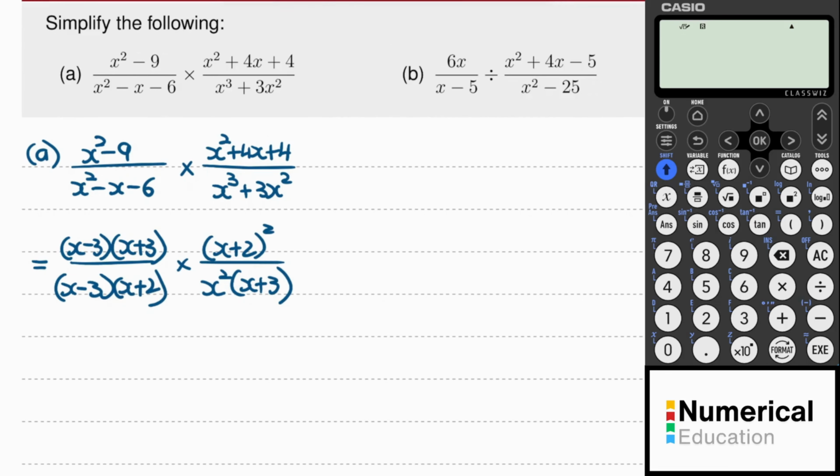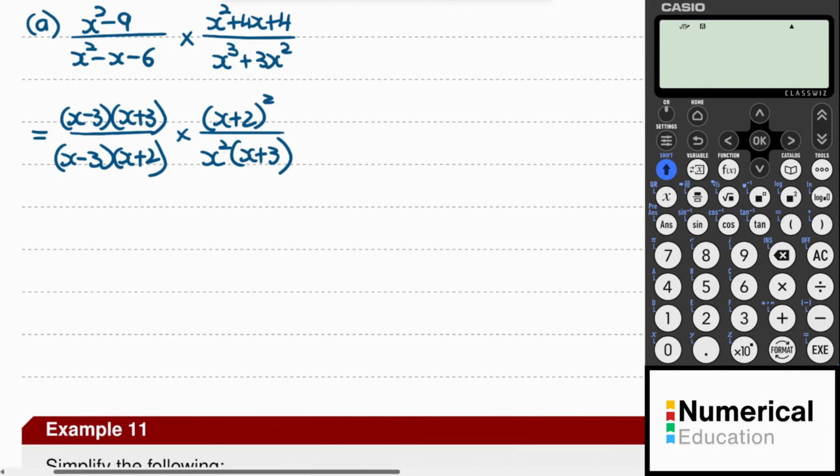Okay, cool. All right, so we've done all the factorization. So we're going to get our orange pen out and we're going to start crossing factors out as they come. So remember, one from the top and one from the bottom. Ultimately, it does not matter if it belongs to the first fraction or the second. So for instance, I can see the x minus 3s will go, the x plus 3 will go, and one of those x plus 2s will cancel with the other x plus 2 on the bottom there.